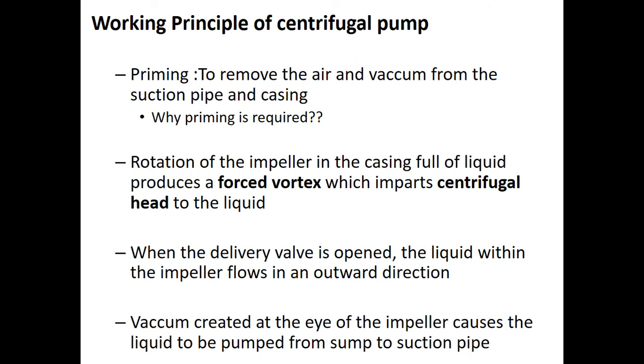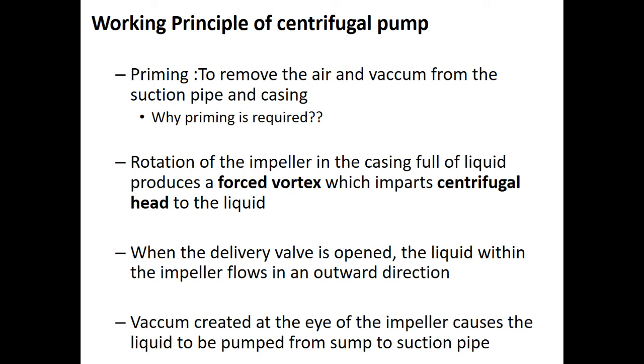While the liquid flows through the rotating impeller, it receives energy from the vanes, which results in an increase in both pressure and velocity. The kinetic energy is converted into pressure energy while flowing through the casing. Finally, the liquid discharges from the pump to the delivery pipe with very high pressure.